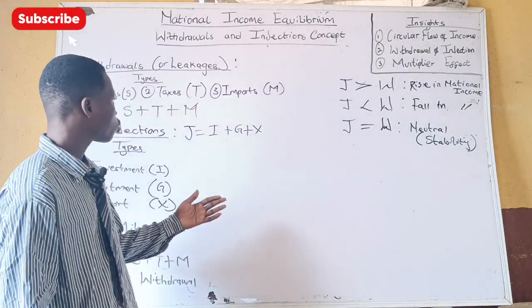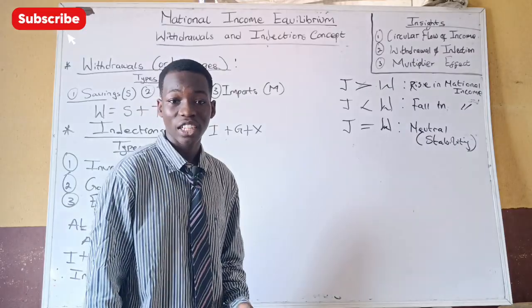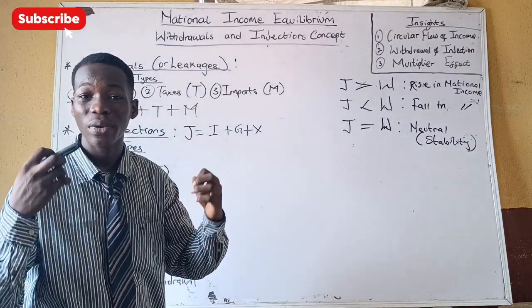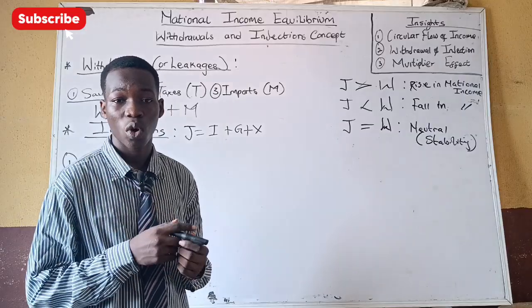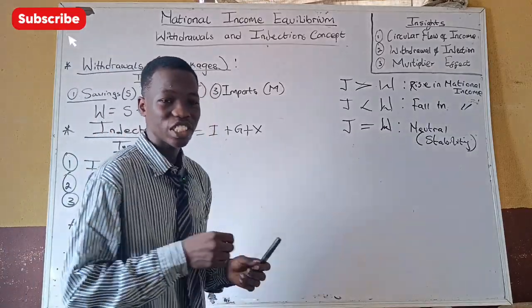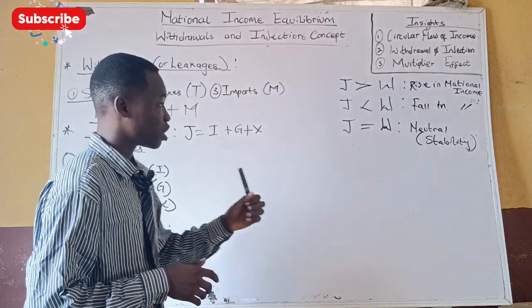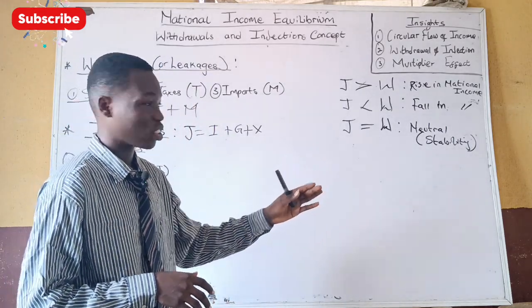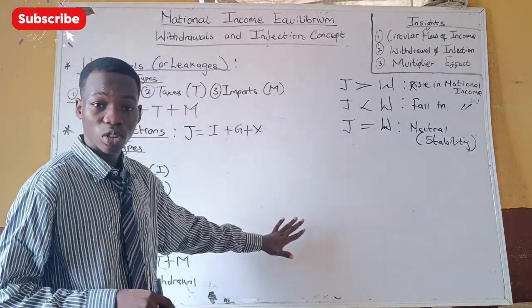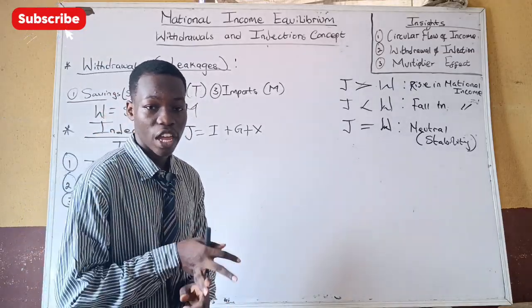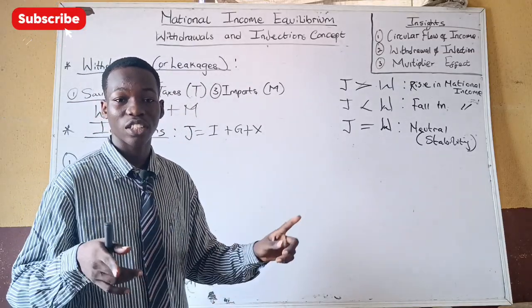So before we move to the multiplier, I want us to examine the national income equilibrium under simple economy. There's something slightly different when we look at the national income equilibrium under simple economy. Don't forget I explained that the other time, because the one we looked at is open economy, where we have individual, firm, government and what?